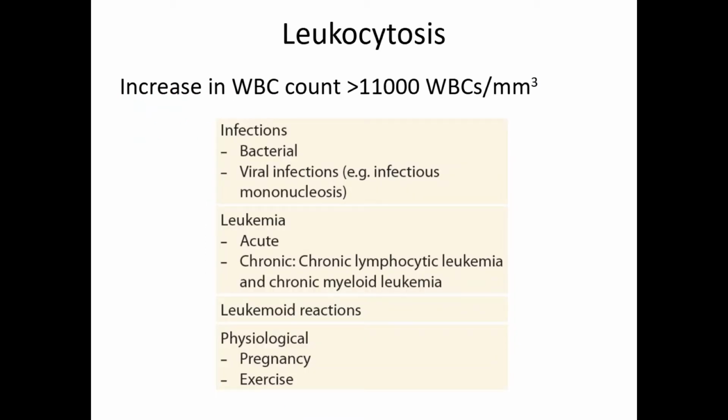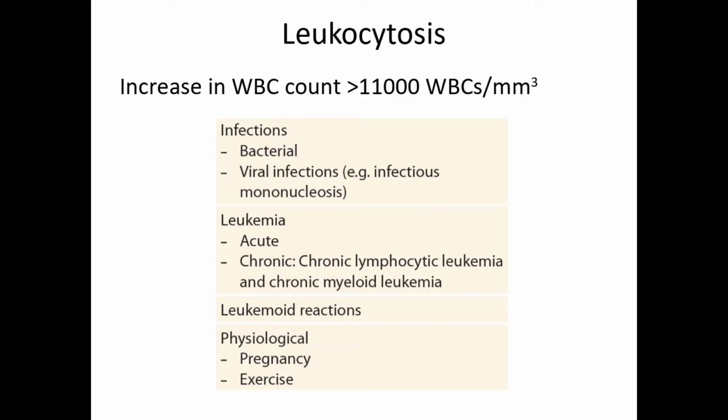Let us discuss the individual entities we saw in the terminologies. The first one is leukocytosis. Leukocytosis meant that total WBC count is more than 11,000 WBCs per cubic millimeter. One thing you have to remember is, since neutrophils and lymphocytes make up the bulk of the total WBCs, the same causes which increase both neutrophils and lymphocytes can cause increased total WBC count.